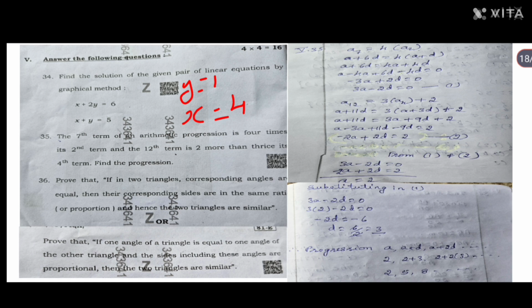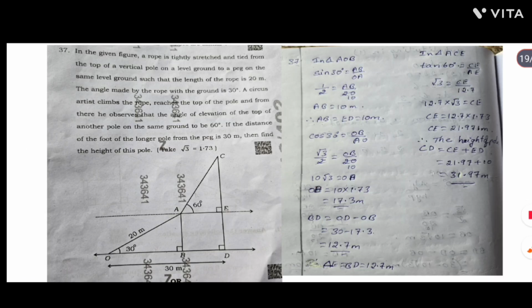Next, question number 35, AP sum, simple sum. Question number 36, again theorem, 2 theorems. 2 theorems are from similarity criteria.